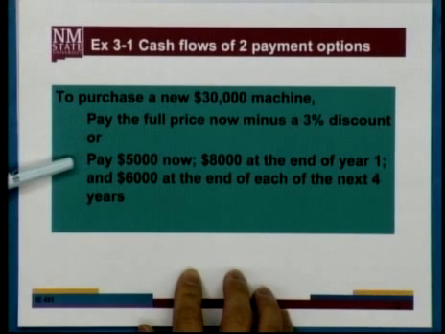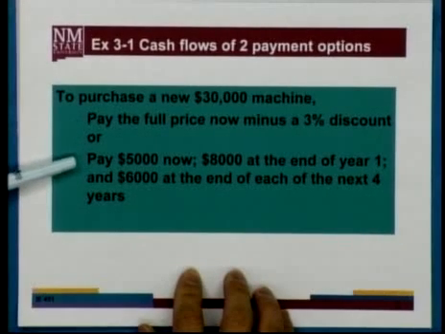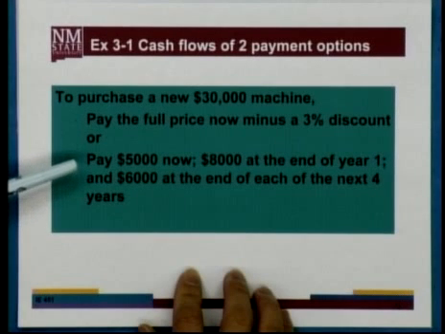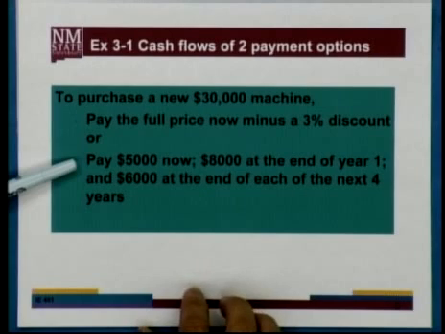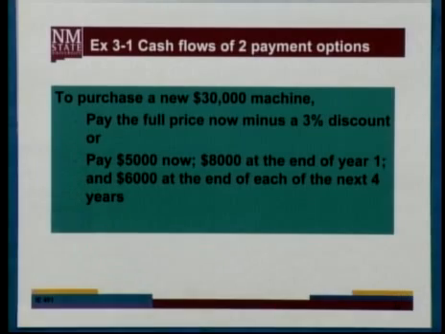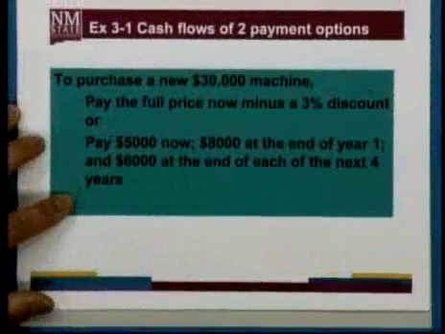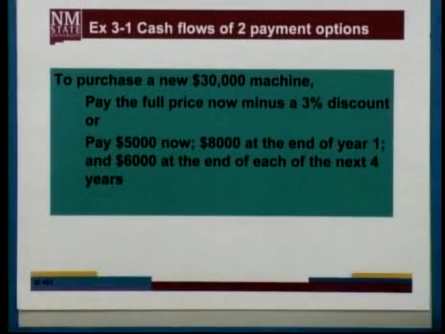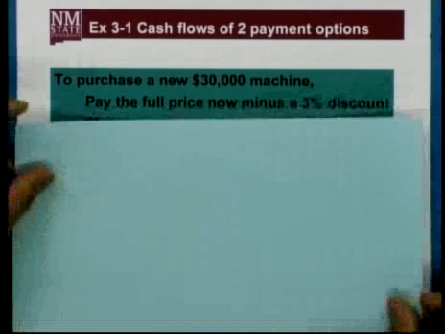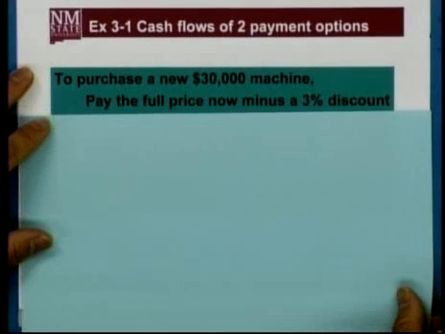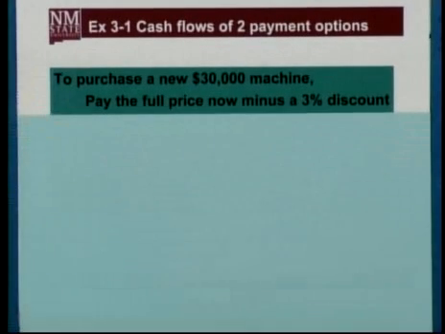And the second option is to pay $5,000 right now, and then $8,000 at the end of year 1, and $6,000 at the end of each of the next 4 years. Okay. So let's work on the first option.